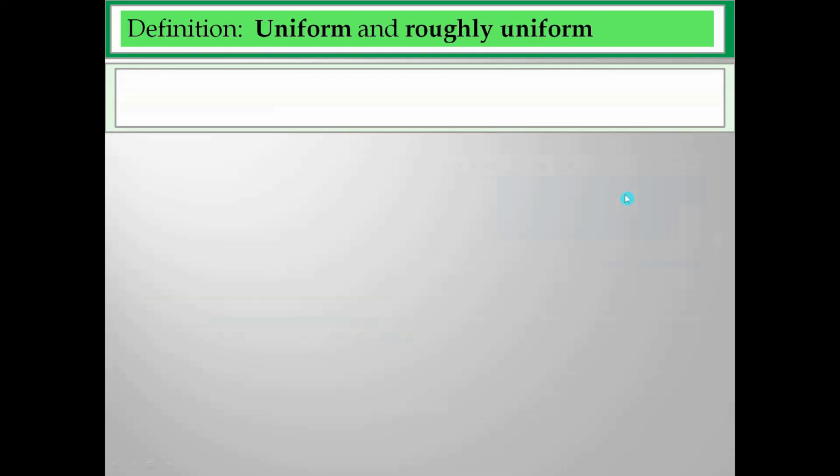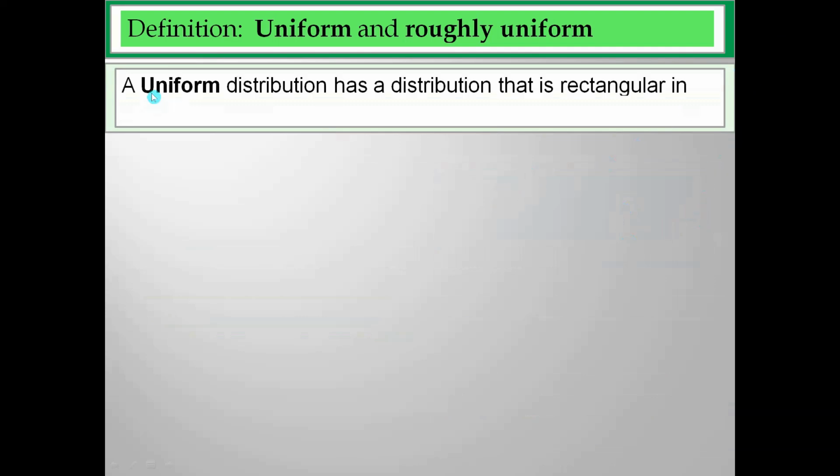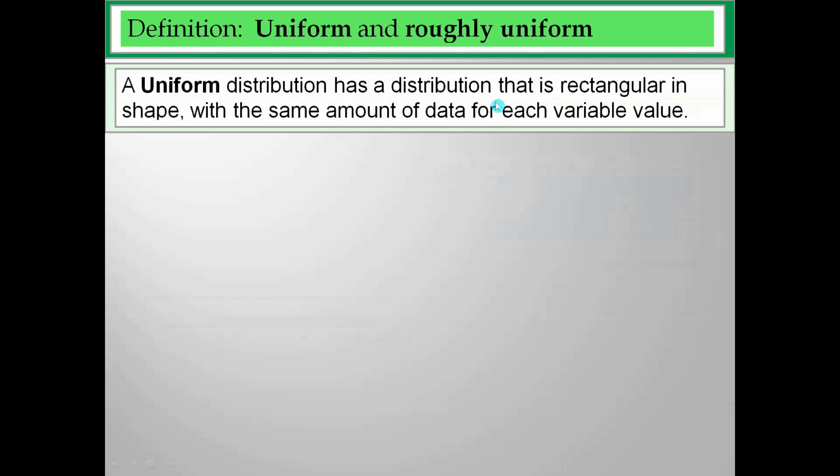The last shape we want to talk about is uniform distribution, and roughly uniform distributions. A uniform distribution has a distribution that is rectangular in shape with the same amount of data for each variable value. Let's look at a quick example. Continuous uniform distribution.